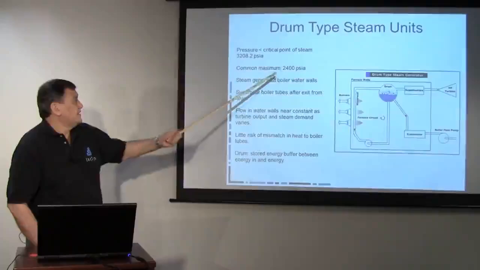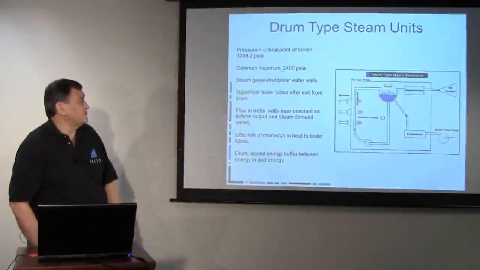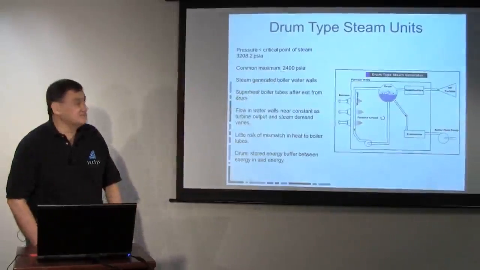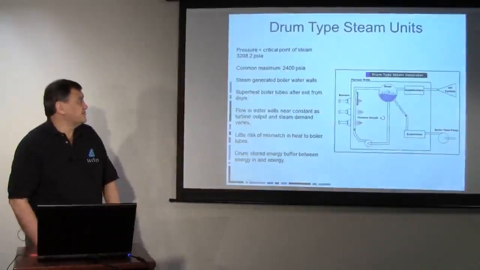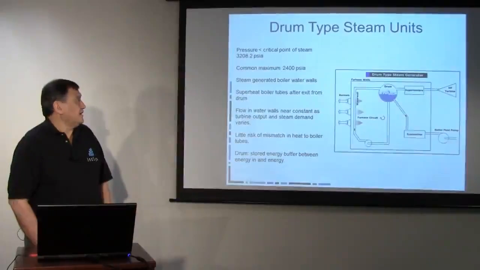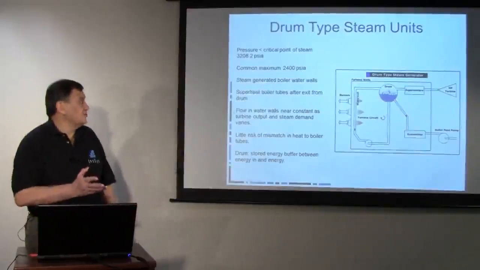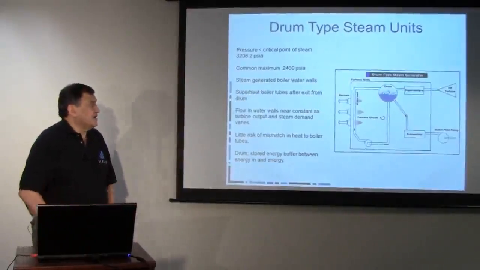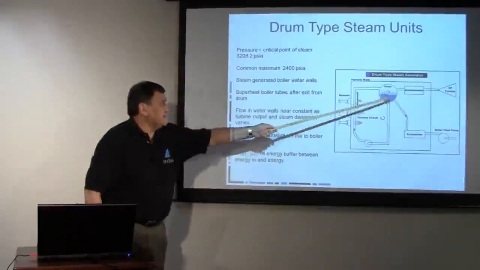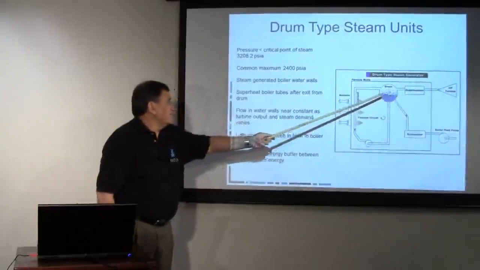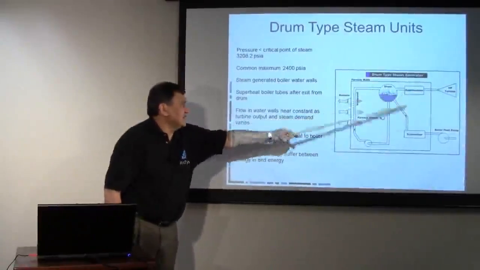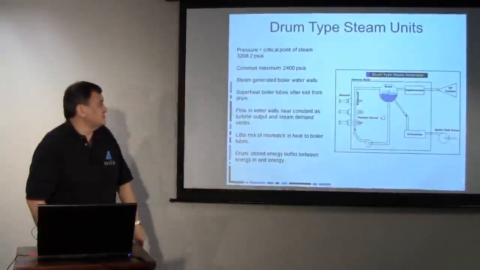So typically, we have a maximum of 2,400 pounds per square inch at 1 atmosphere of pressure. And like we say, the steam is generated in the boiler water walls. And we also have a superheating stage in the turbine where we make sure that it's really hot and all the moisture is removed.